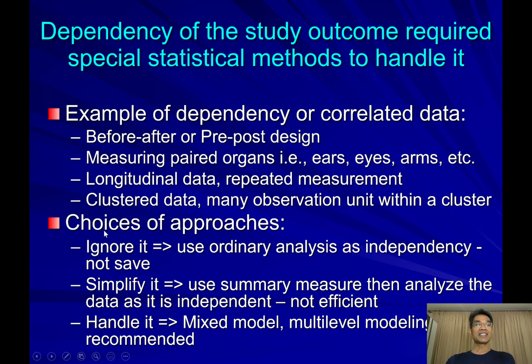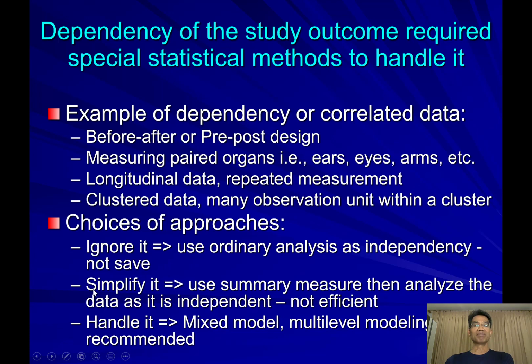Now, choices of approach. Ignoring it, the first one, is not advisable. Ignoring it means just going ahead assuming independence among observations, which is wrong. It will be said only that they are not independent, but who knows? We need to handle it.